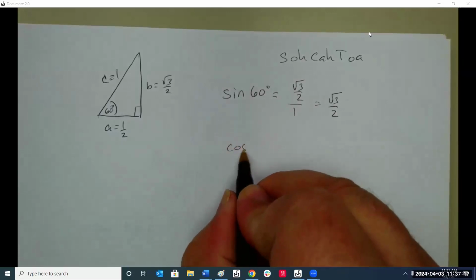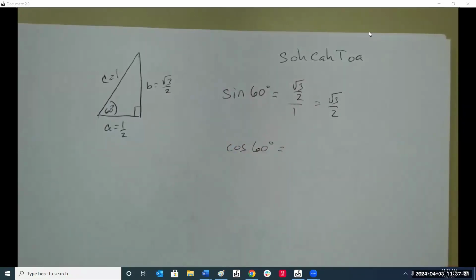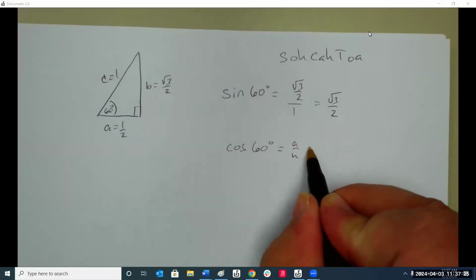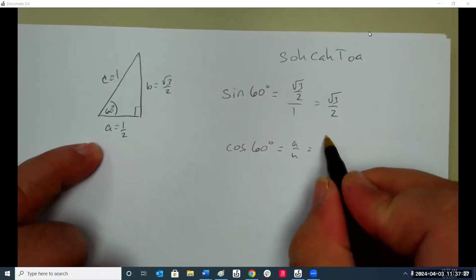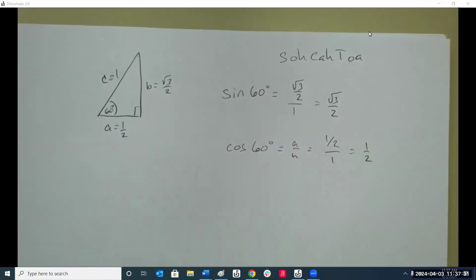What's the cosine of 60 degrees? Adjacent over hypotenuse. The adjacent is 1/2 over 1, which is 1/2.